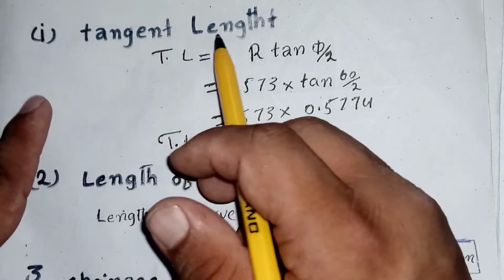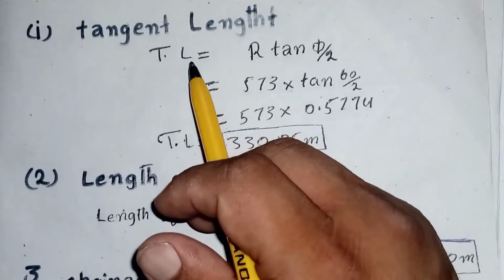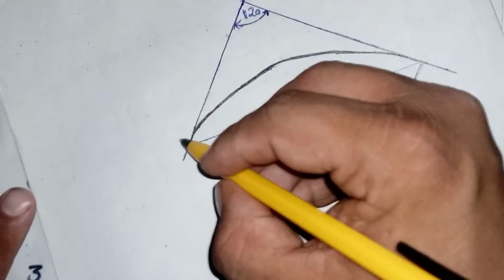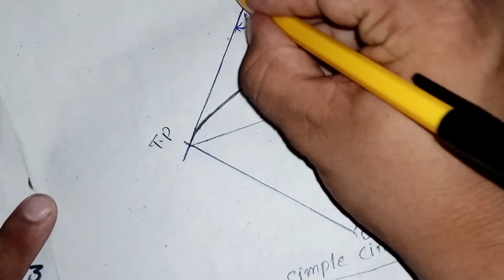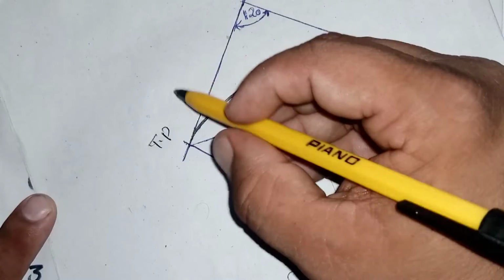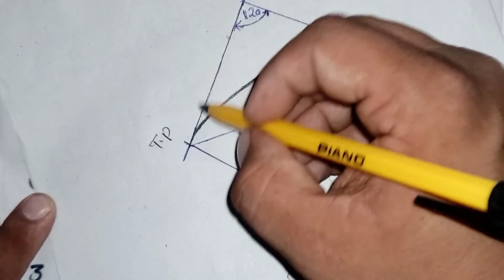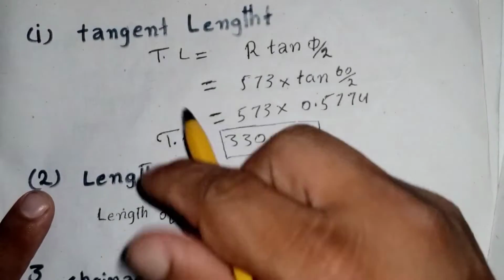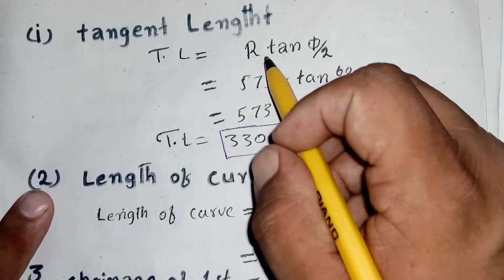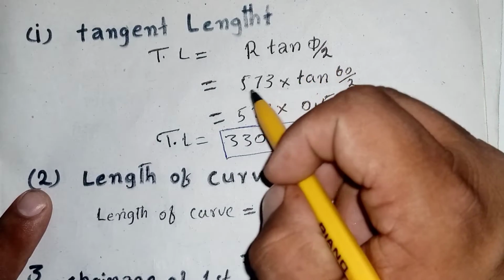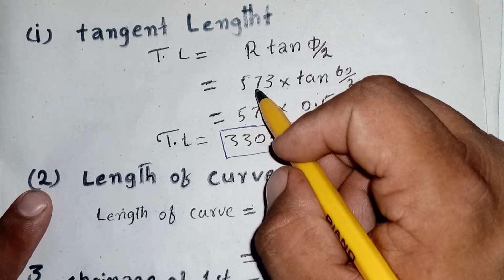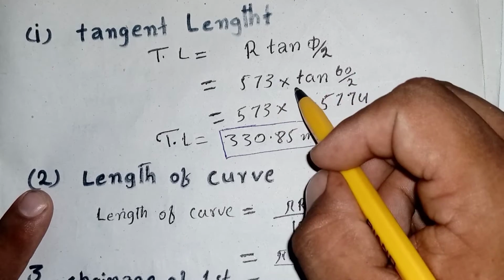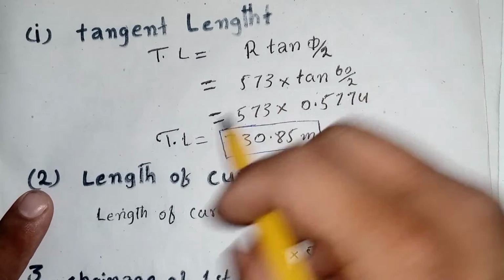For this calculation we are going to find all these by numbers. Number one, tangent length. Suppose this is the tangent distance from this tangent point to the intersection point. We are going to find this length, which is called tangent length. Tangent length is equal to R tan(theta/2), where R is the radius of the curve, which is 573 meters multiplied by tan(60/2).